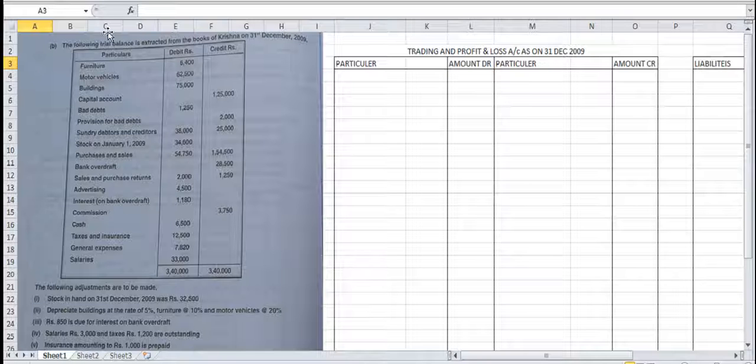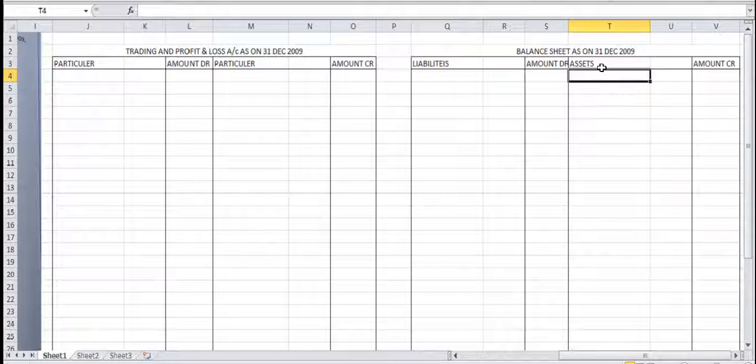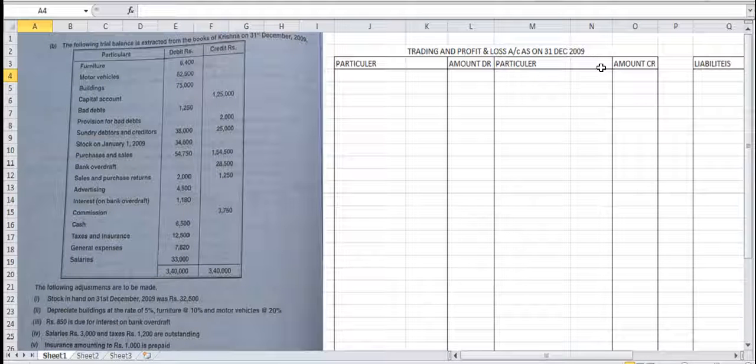First entry is furniture 6,400 and motor vehicles 62,500. These should come under assets. Here make a tick on the entries which have an adjustment.